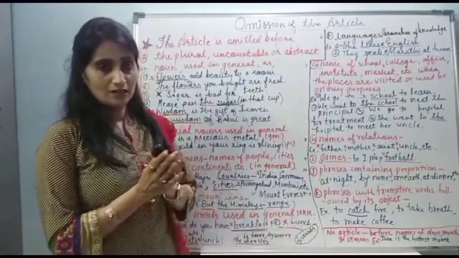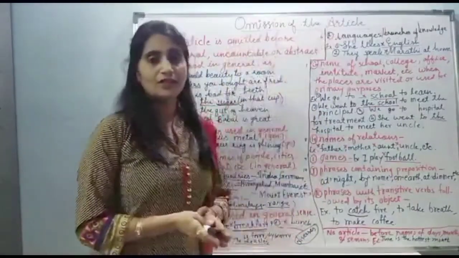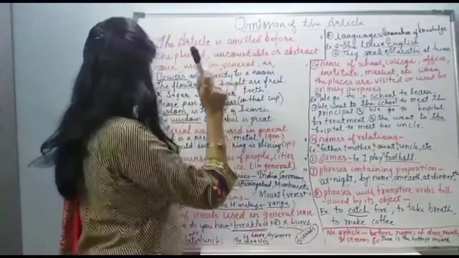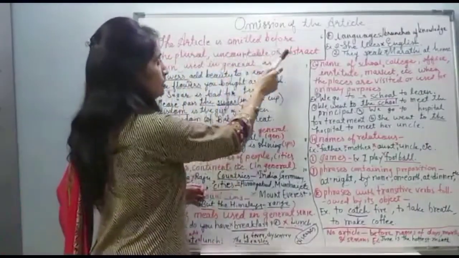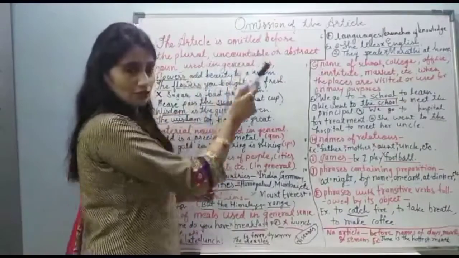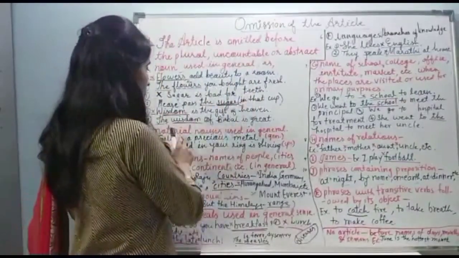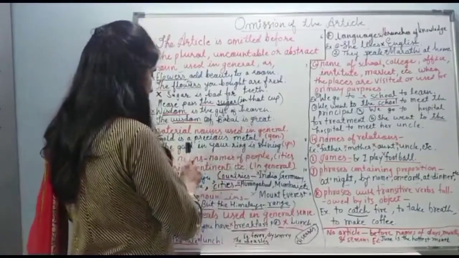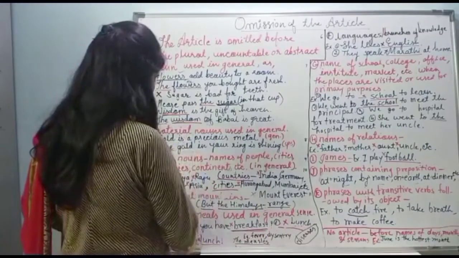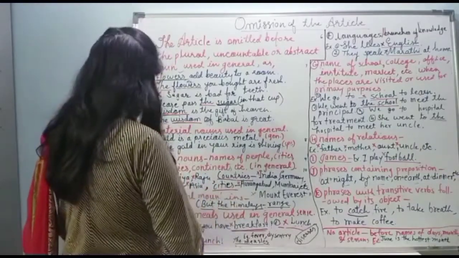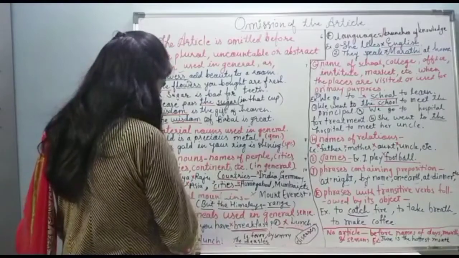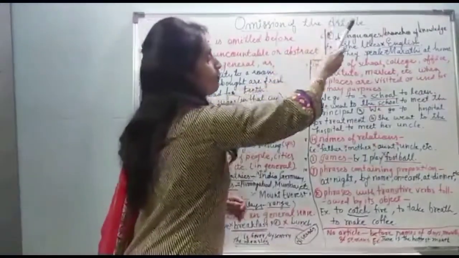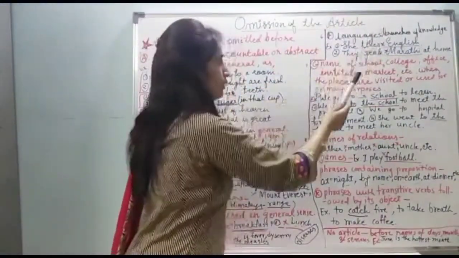So in today's class, on omission of the article, we have studied that the article is omitted, number 1, before plural, uncountable or abstract nouns used in general. Number 2, before material nouns used in general. Number 3, before proper nouns. Number 4, before individual names of mountains. Number 5, before names of meals used in a general sense. Number 6, before languages and branches of knowledge.